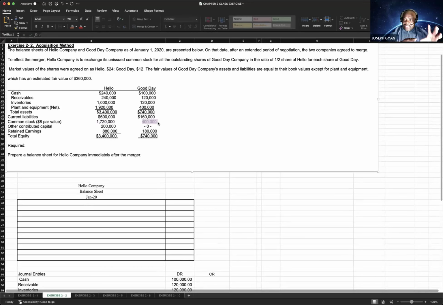What we are exchanging is that we are giving them the common stock instead of giving them cash. But the common stock that we are giving to them, for each of their common stock, we are exchanging it for half. So our 1 share will be exchanged for 2 of their shares, half of their shares. Does that make sense now? Before I continue.